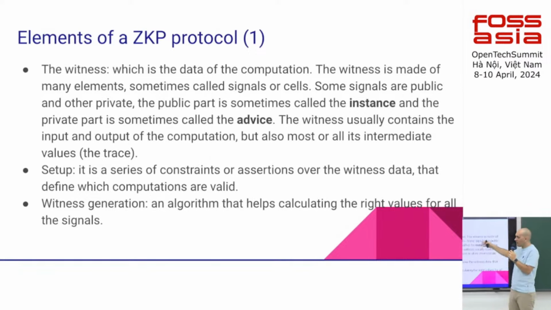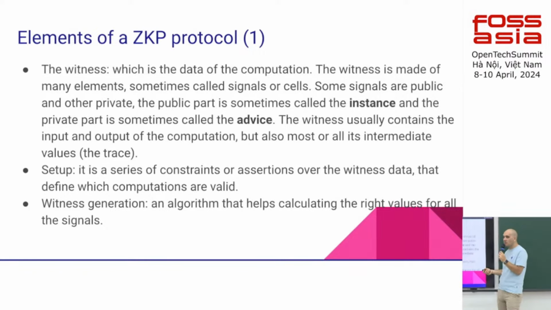So we are saying, okay, only witnesses that follow this arithmetization, this setup, this circuit are valid. Actually, we are proving that we have done this computation only if this setup matches this witness and is true for this witness. Okay, and then there is the witness generation.